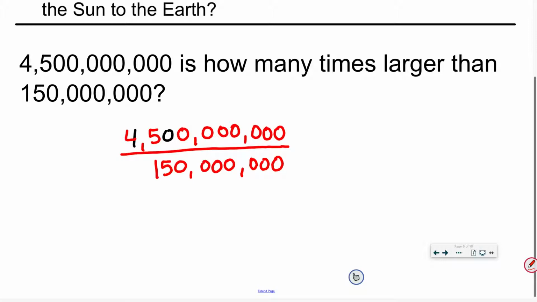How do we divide it? Okay, keep going. What do you mean by that?